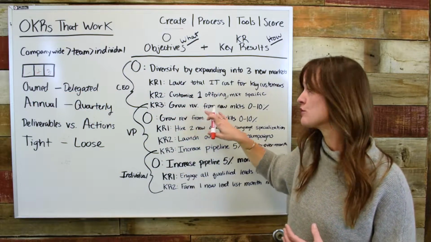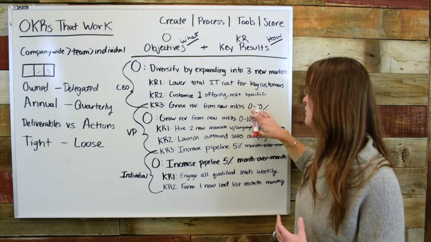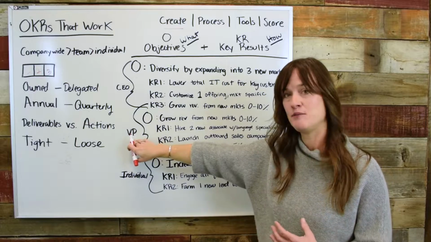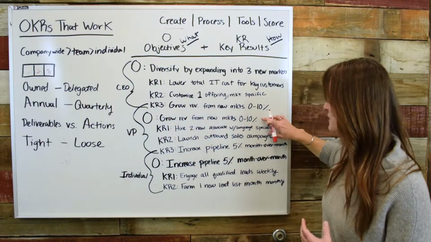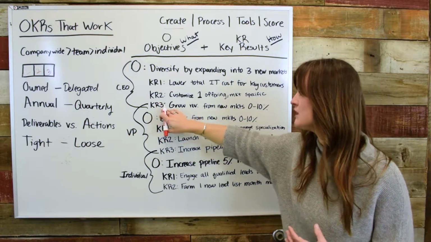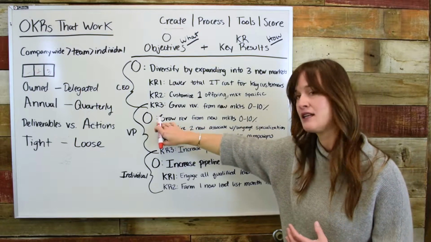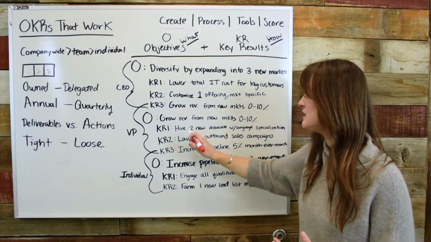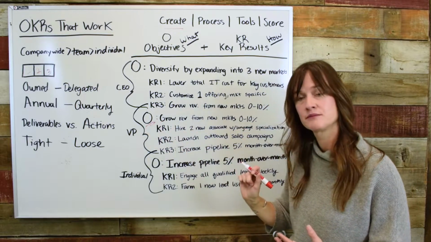The key result of growing revenue from the new markets from 0 to 10%, he or she is going to delegate to the VP. You can see it repeated here: that key result is cascaded to the VP, maybe of marketing, and that becomes that VP's objective.